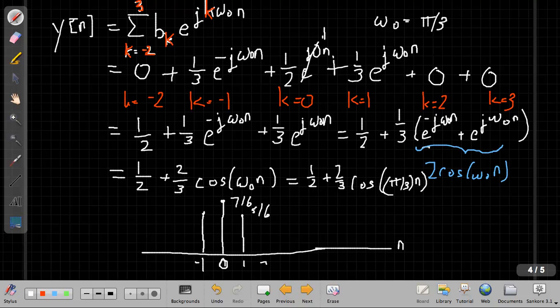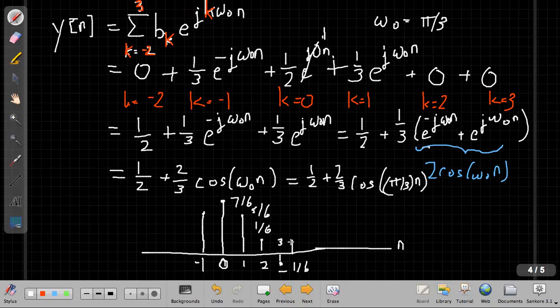And n equals 2 I can plug in here, and I'll get 1/2 plus 2/3 times cos of 2 pi over 3, which is minus 1/2. So that will leave me with plus 1/6 for the height. And then at 3, this is actually going to be minus 2/3. This will be cosine of pi, which is minus 1. I get amplitude of minus 1/6.